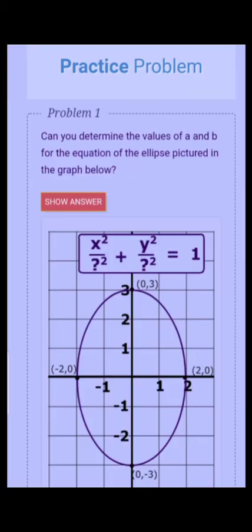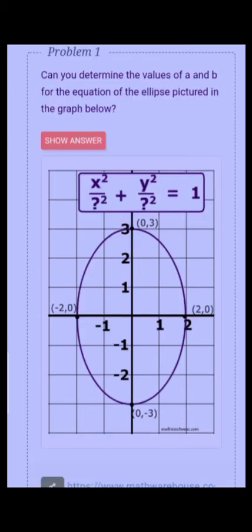So let's try this. We have a practice problem here, class. Number 1, can you determine the values of a and b for the equation of the ellipse pictured in the graph below? The graph here says that the vertex of our major axis is 3, and the vertices of our minor axis are negative 2 and 2.